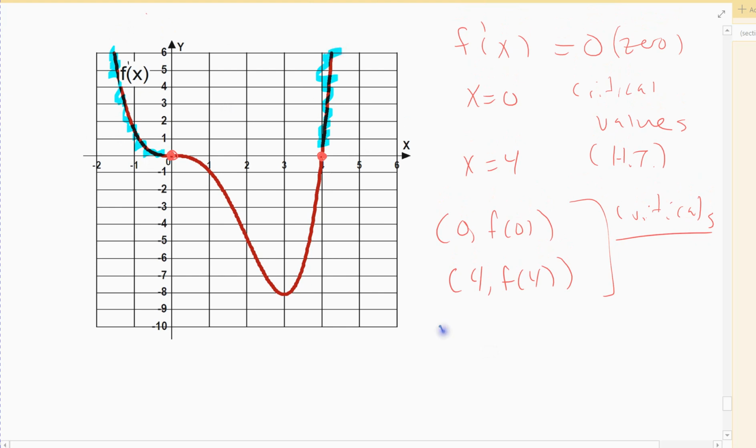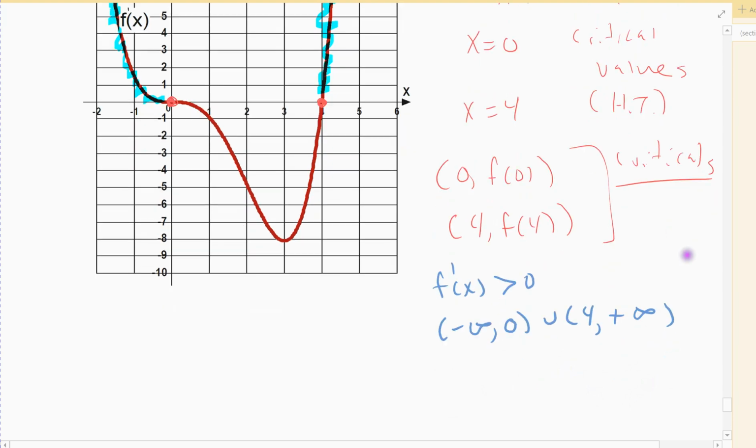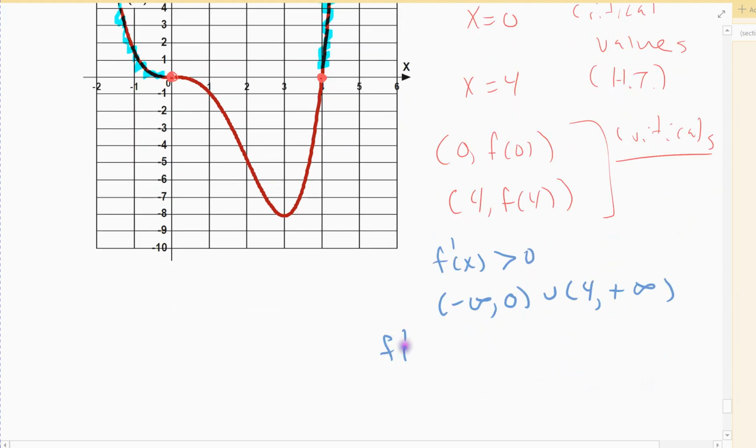So my derivative is positive from negative infinity to the first critical value 0, and then again from the second critical value 4 to positive infinity. Which translates into the original function, not the derivative. The original function is increasing from negative infinity to 0, and then again from 4 to positive infinity.